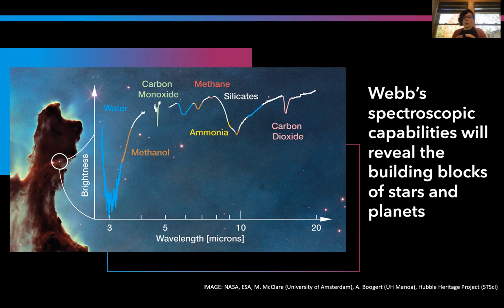And all these components are at the base of the formation of the amino acids that lead to the formation of life. So Webb is not only going to give us the building blocks for the formation of stars and planets, but is also going to show us how these complex molecules can arrive on rocky planets like Earth.